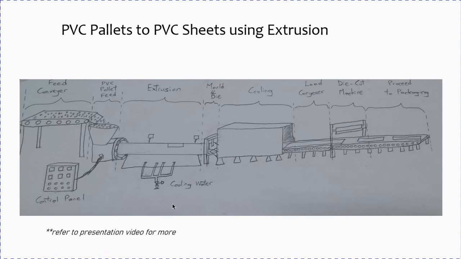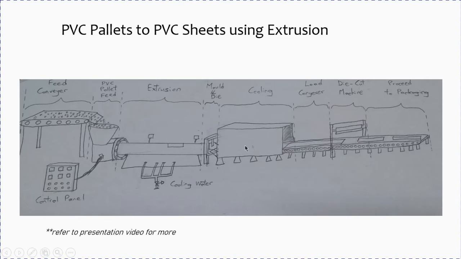So this is a hand-sketched process flow diagram of the extrusion technique. PVC pellets are fed to the extruder continuously, and the extruder will melt the pellets with proper temperature and pressure control. The material then flows through the mold and die to acquire the desired sheet shape.